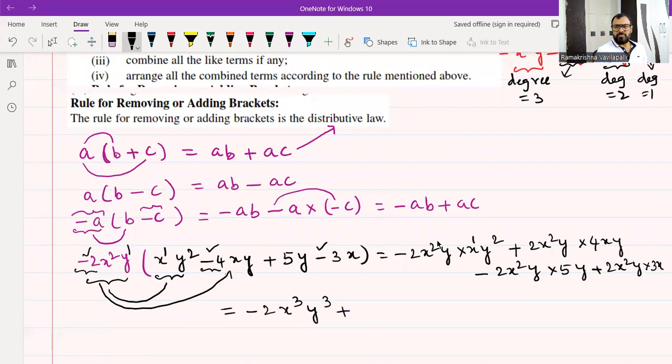Plus 2 into 4 is 8, again x cube y square. Minus 5 into 2 is 10, x square, here y into y is y square. Minus 2x cube, 6x cube, 6x cube y.